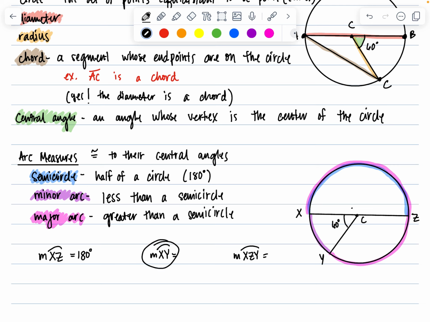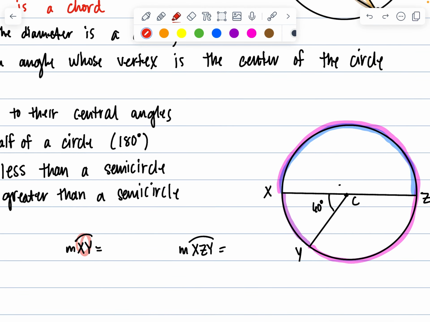If there's ever 2 points in an arc measure, you are taking the shortest distance to that point. So if I talk about XY, I would take the shortest distance there from X to Y. I would not wrap around because that's not the shortest distance.